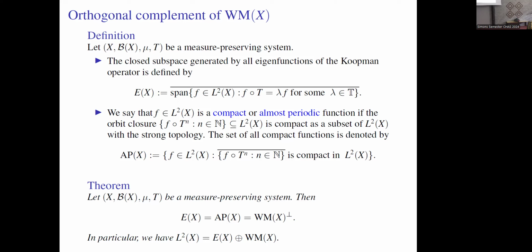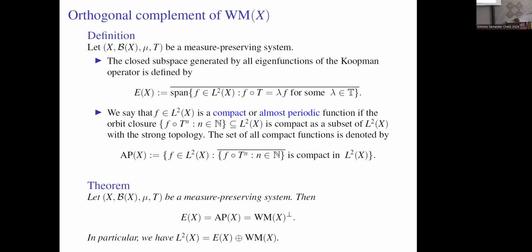And the other concept is the concept of compact functions or almost periodic functions. So we say that the function f is compact almost periodic if the closure of its orbit in L2 is a compact subset of L2 with the strong topology. This space will be denoted by this.